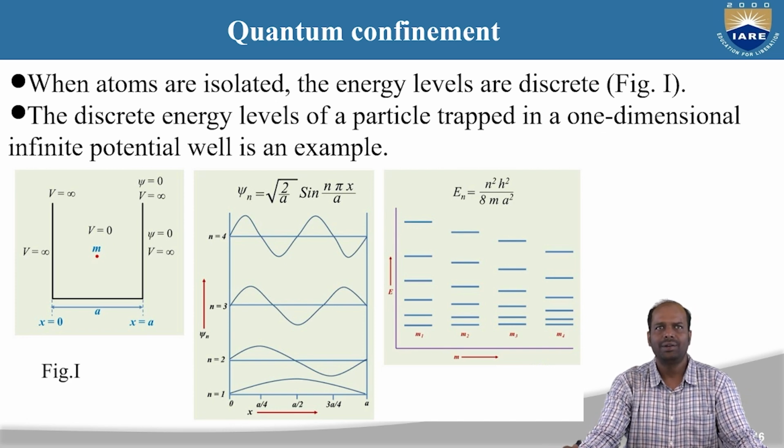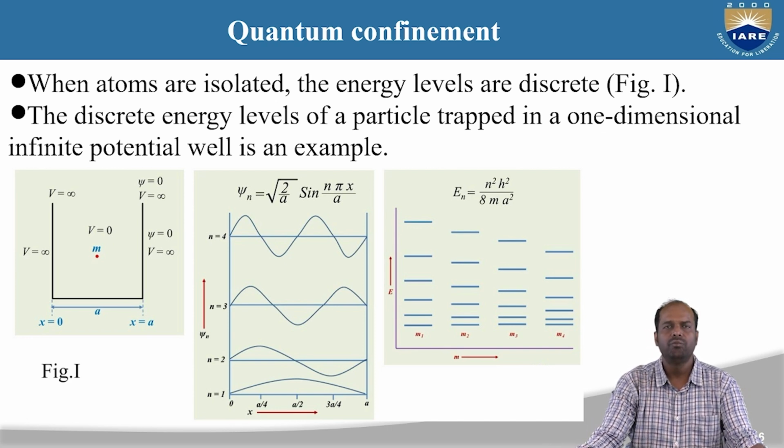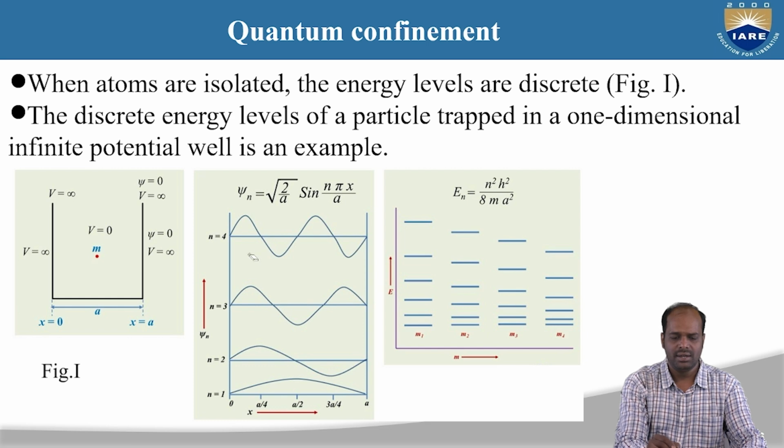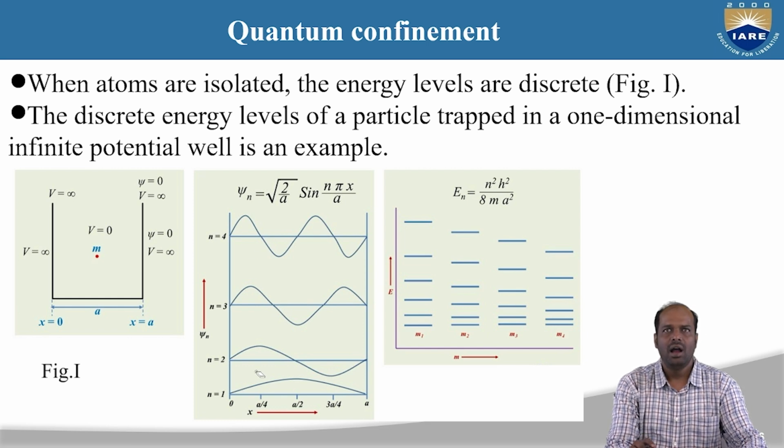What is quantum confinement? First, we should understand what is meant by quantum confinement. When atoms are isolated, the energy levels are discrete energy levels. You can see the discrete energy levels of a particle trapped in a one-dimensional infinite potential well as an example.